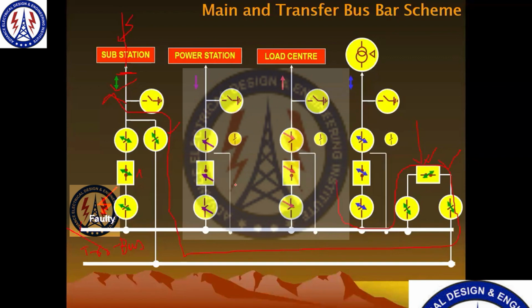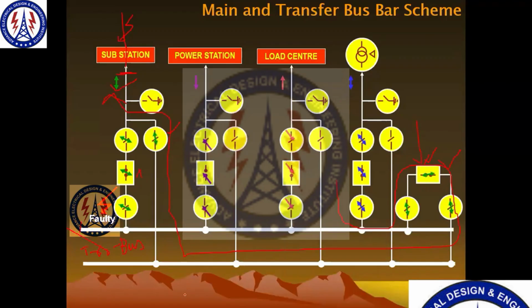Correct. So suppose this is working. Now again the fault occurs here or somewhere you want to do maintenance. So you cannot transfer this feeder at the same time. So at a time you can transfer only one feeder. Okay, either this one or this one.